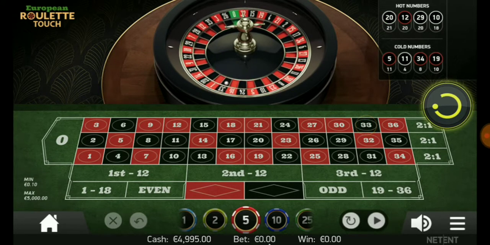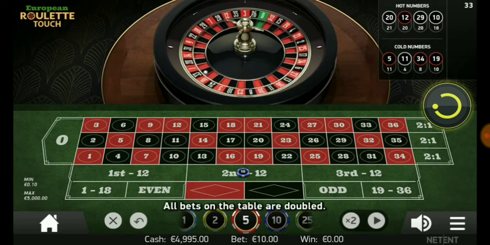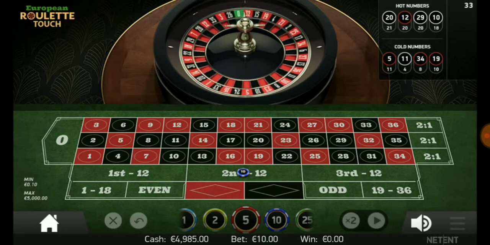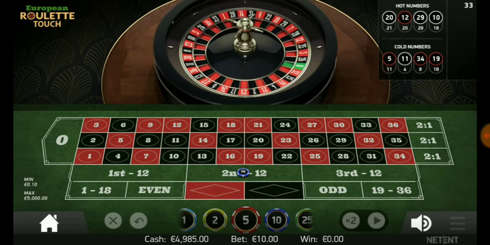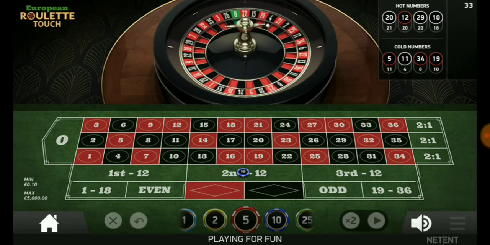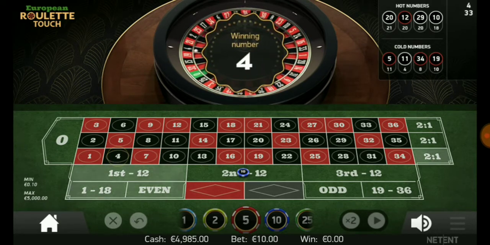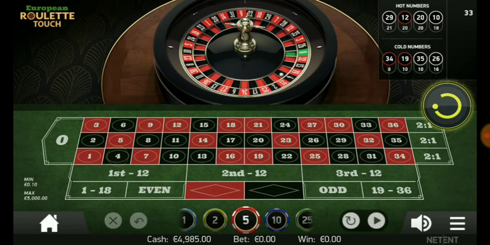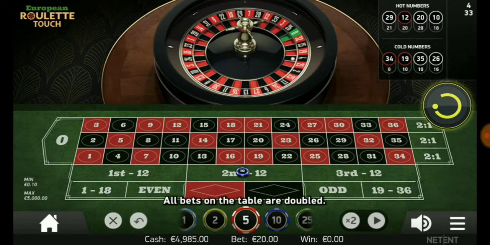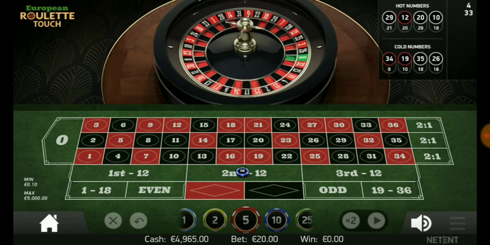So now I double. Pay attention to my balance here. The winning number is 4 black. I started with 5,000. Now as soon as I win, just check the balance that I go to.